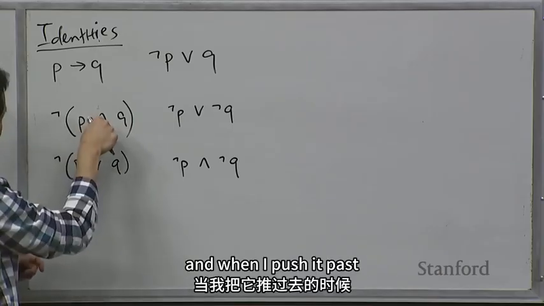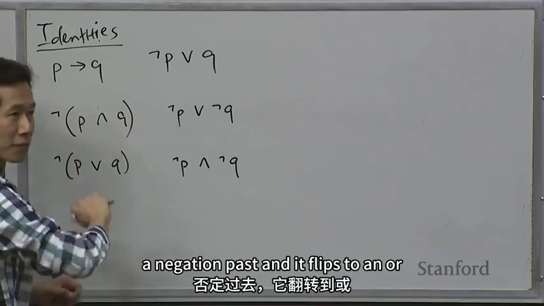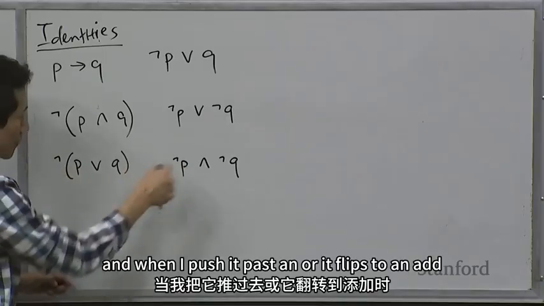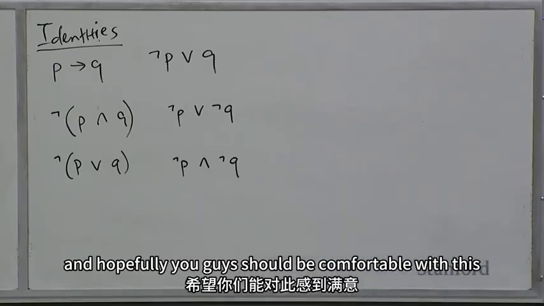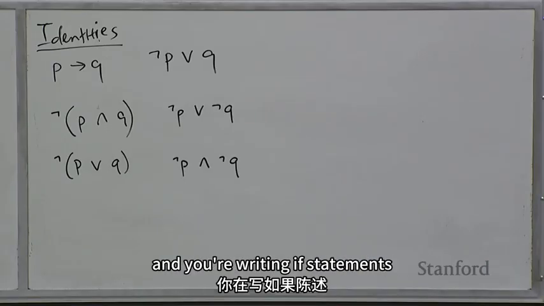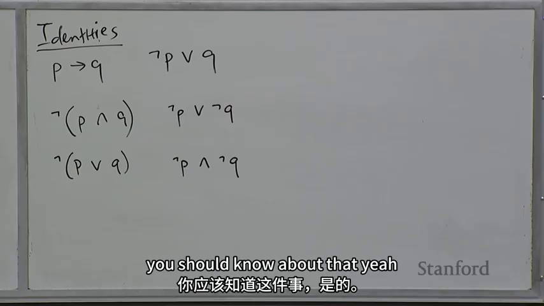When I push negation past an and, it flips to an or, and when I push it past an or, it flips to an and. Hopefully you should be comfortable with this, because when you're programming and writing if statements, you should know about that.